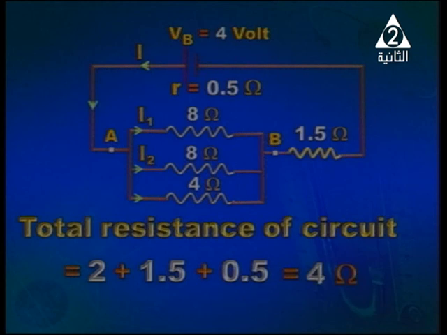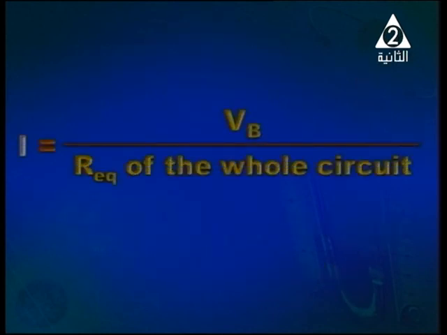Now we can calculate total current. Current through the battery, we call it the total current. So total current equals V battery over R total of the circuit. It is equal to 4 over 4. Total current equals 1 ampere. Current through the battery equals 1 ampere.